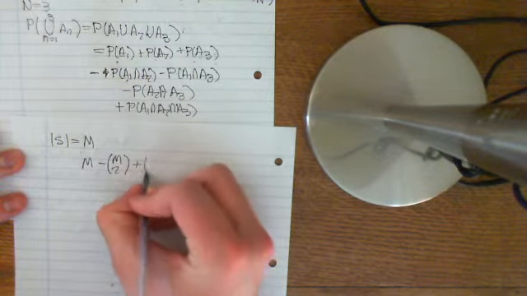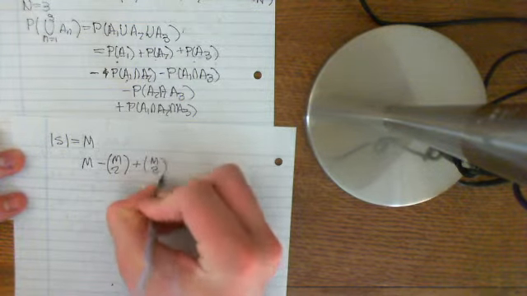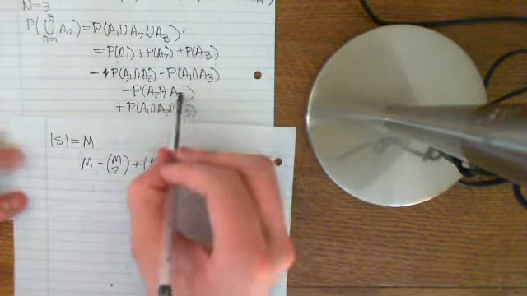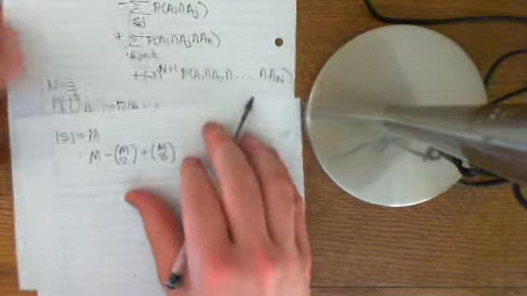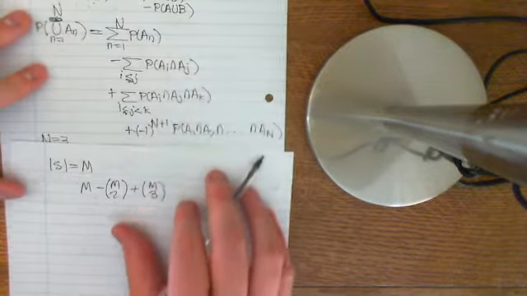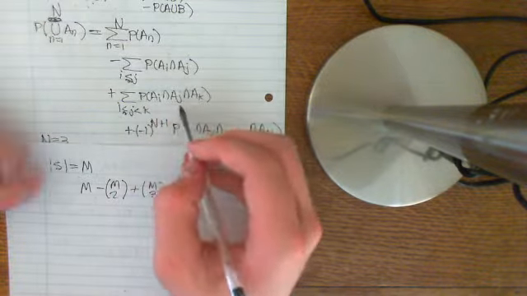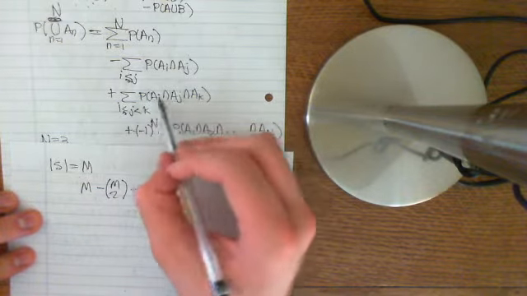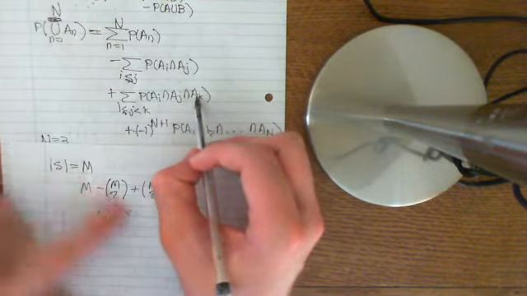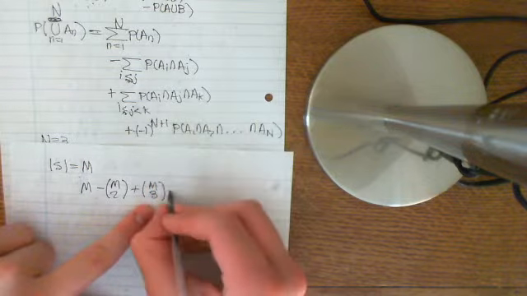We're then going to add on M choose 3 for the next one along. Oh, sorry, this is the general formula up here. So for the next one along, how many ways are there of selecting 3 sets which it's all in? Well, that's M choose 3, we're going to add that many of them on.